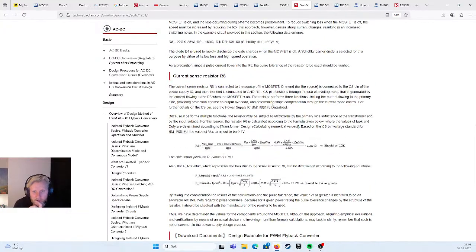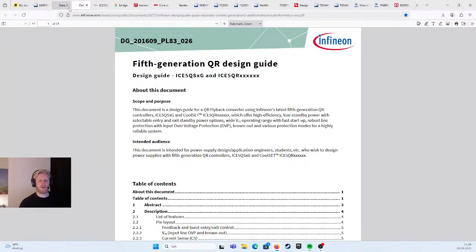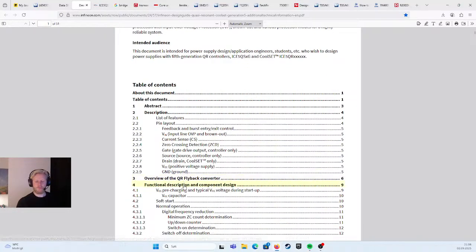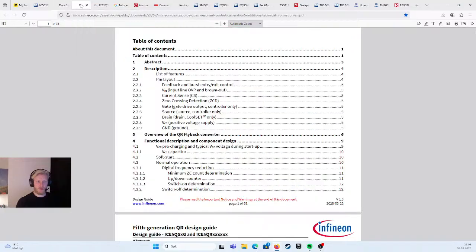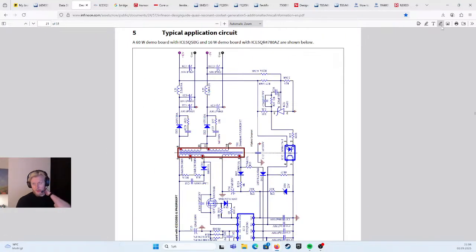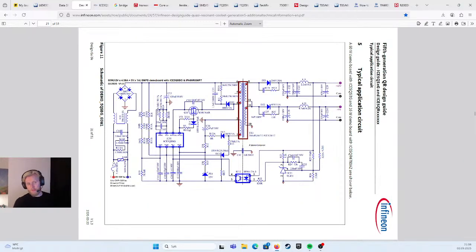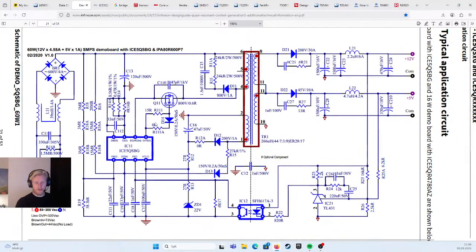Okay, yeah, but we have a different IC, so it maybe makes sense to look at this component that we have selected. And we can, for example, look at the application circuit. Let's see how it's done here.